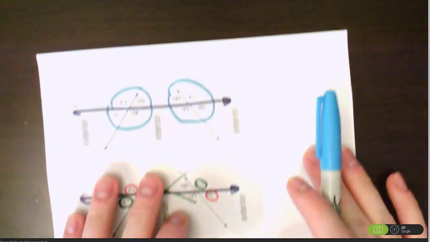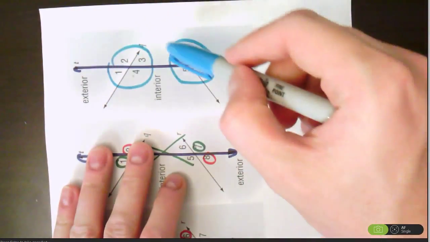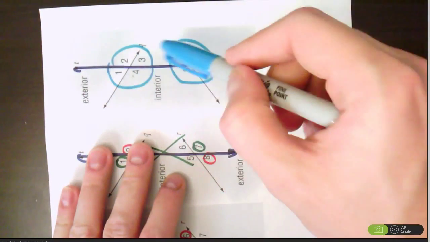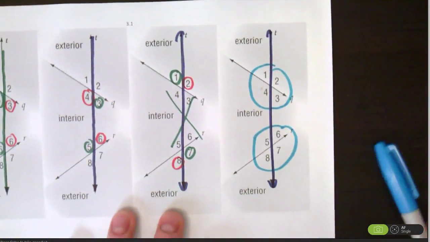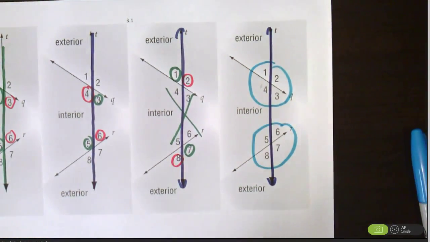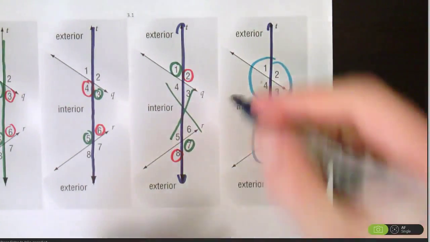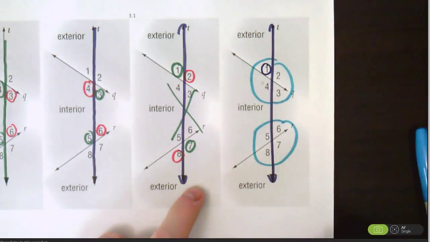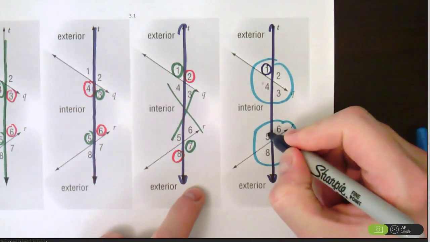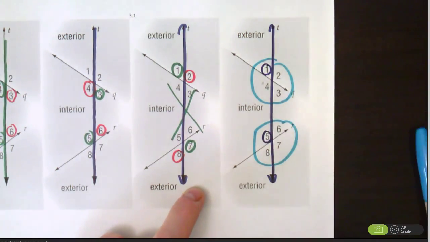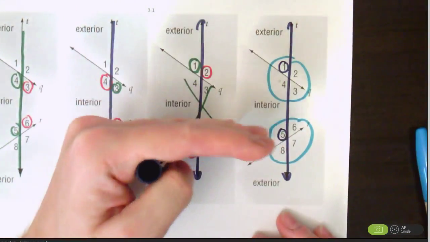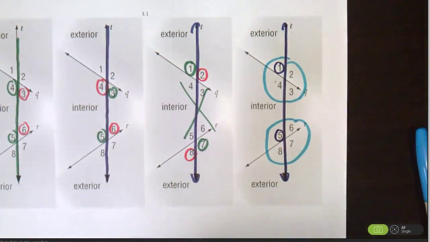Even if you turn this way, it doesn't matter. It creates these four sets of angles, and if you're in the top left up here, your corresponding angle is the one in the top left of the other group of four. So 1 and 5 correspond because they're in the same position, top left, top left.